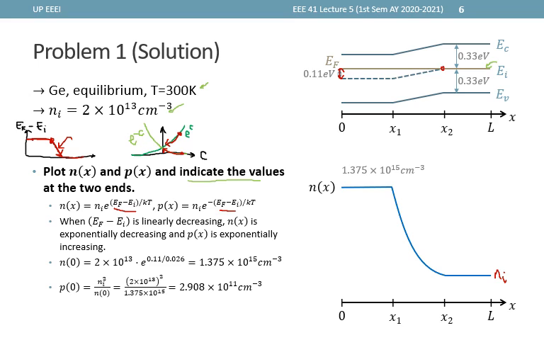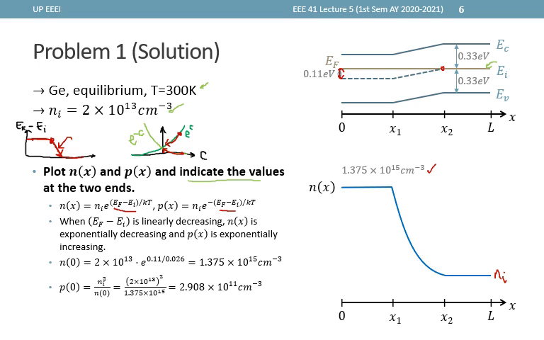Next, we need to plot p of x. So now what if we start with the values first? Since we already have a value for n of 0, which is this, we can then proceed with the law of mass action and solve for p at x equal to 0.